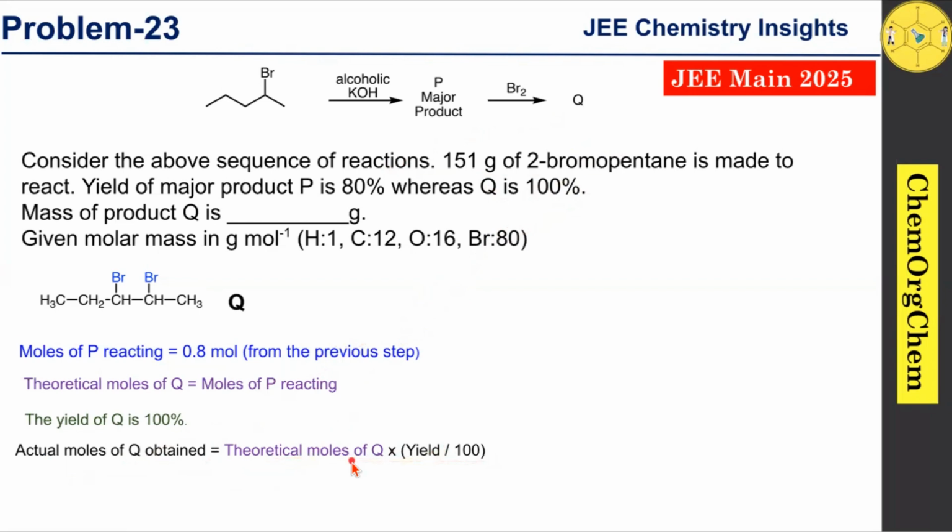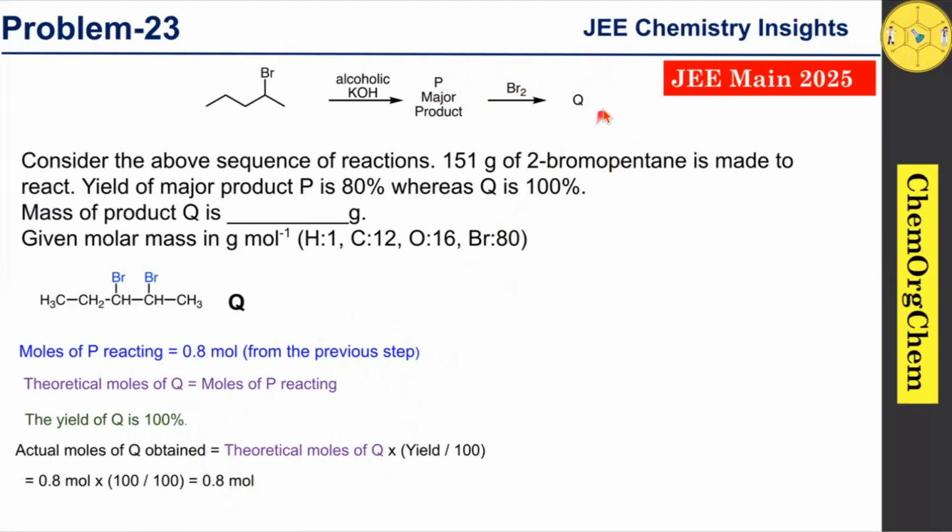So here the theoretical moles of Q is 0.8 mole into 100 divided by 100. Since the given yield is 100%, it produces 0.8 mole. So 0.8 mole of P reacted with bromine produces 0.8 mole of Q. So now we successfully find that 0.8 mole of Q is produced in this reaction.